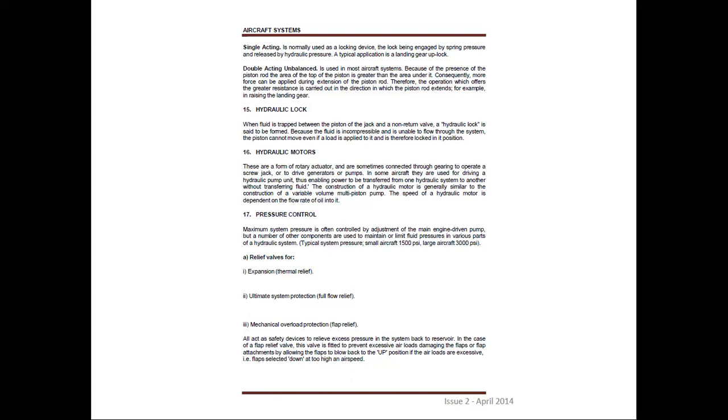So how does this pressure control work? Pressure controls are fitted in the system to protect it. How does it do this? You are familiar with a pressure cooker. A pressure cooker is an example of a pressure control.